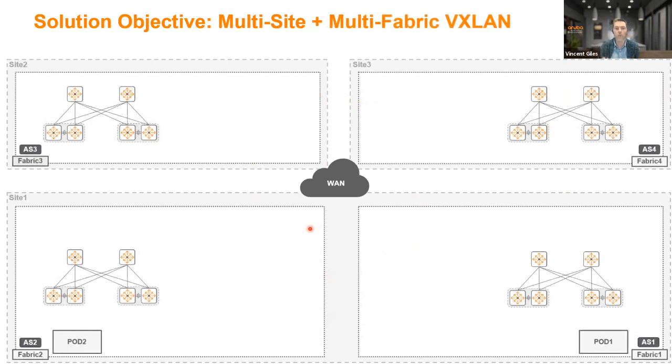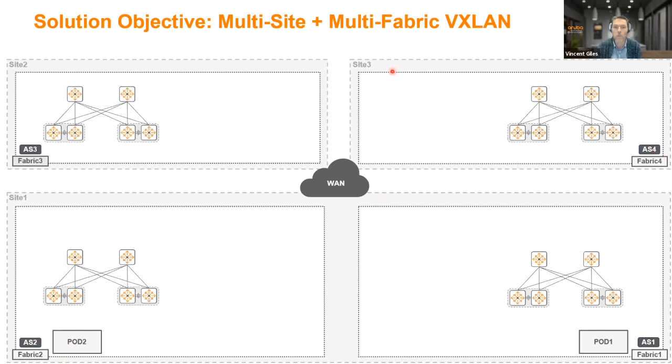But some other solutions might be that if you've got larger sites or a larger campus in site 1 here, that features multiple fabrics. So let's say here you've got fabric 1, AS1, or pod 1 if you wish, and fabric 2 on the left. So here you've got 2 fabrics in site 1, 1 fabric 3 in site 2, and fabric 4 in site 3.